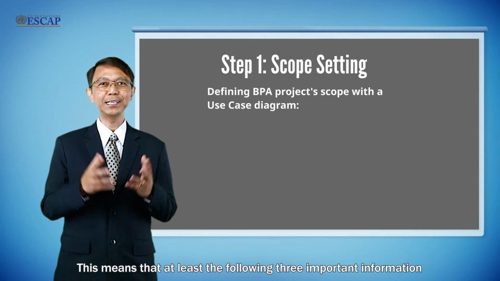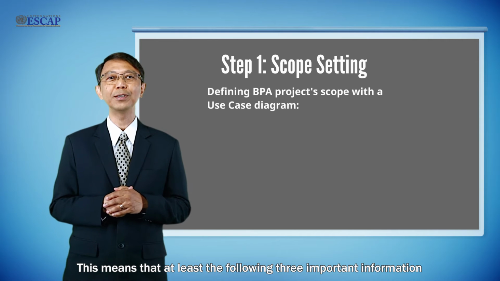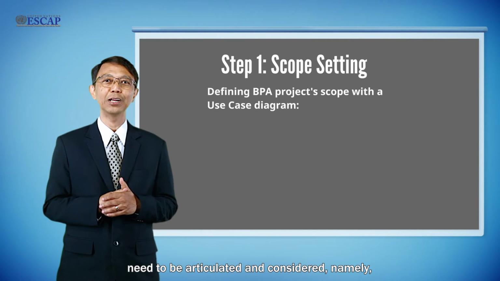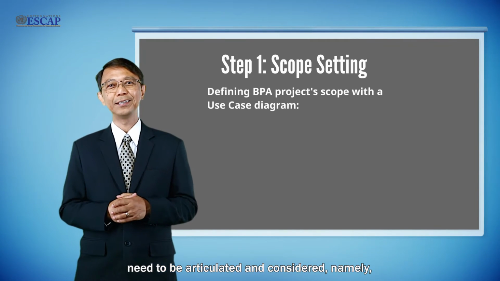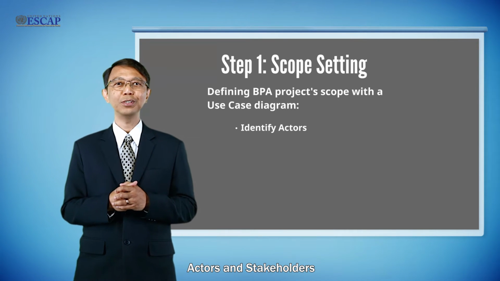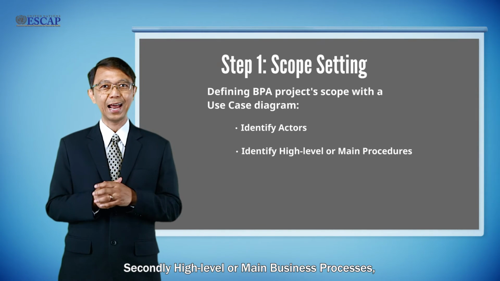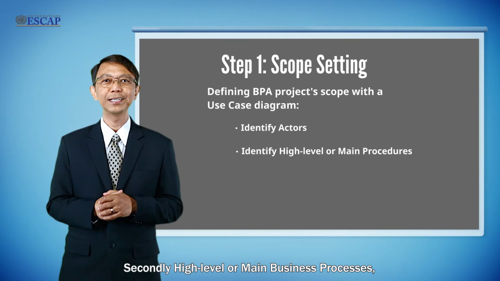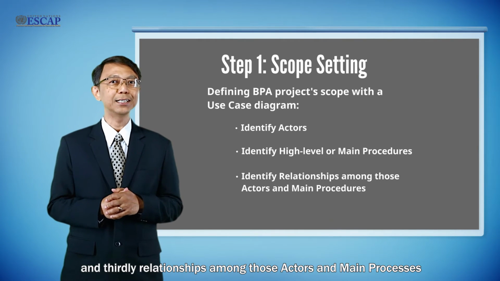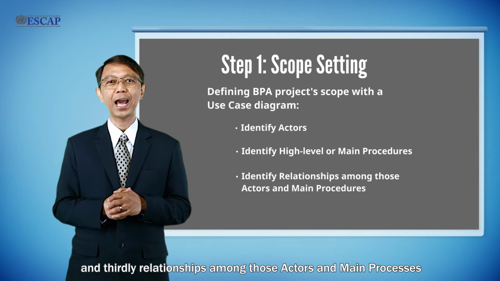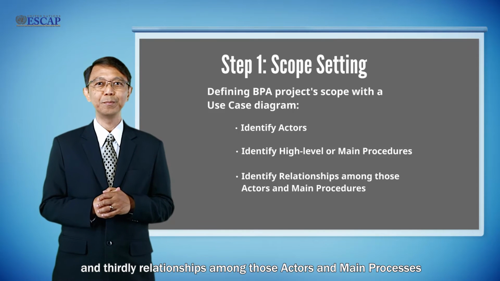This means that at least the following 3 important pieces of information need to be articulated and considered, namely actors or stakeholders, secondly, high-level or main business processes, and thirdly, relationships among those actors and main processes.